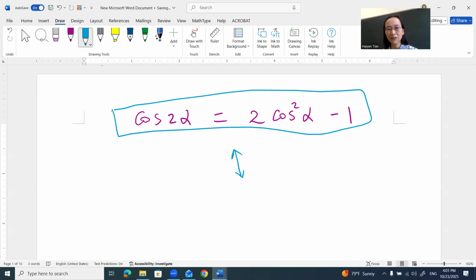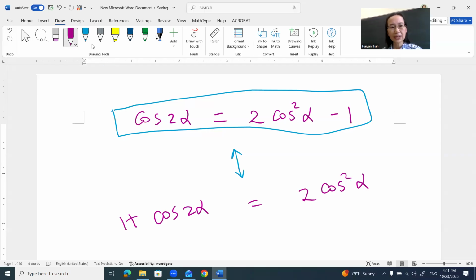It's essentially the same formula. How do we write it? We just want to isolate the square. For example, if I add 1 to both sides, the left-hand side will be cosine 2 alpha plus 1, and the other side will be simply 2 cosine square alpha. After I add 1, I can also divide both sides by 2.